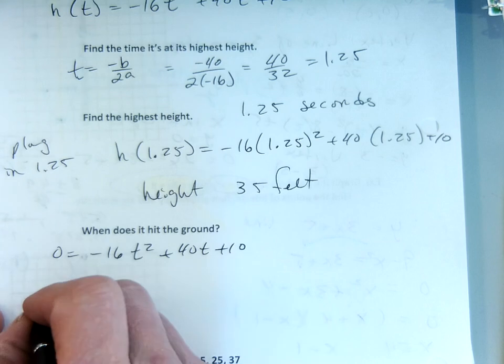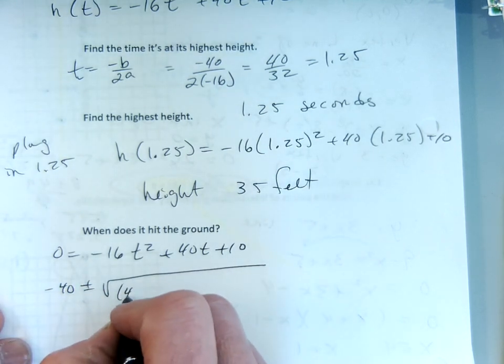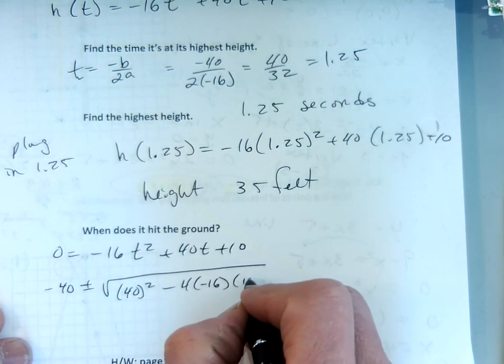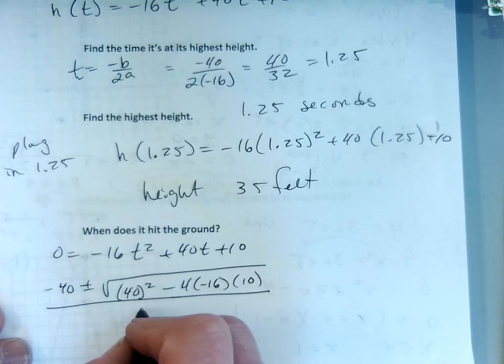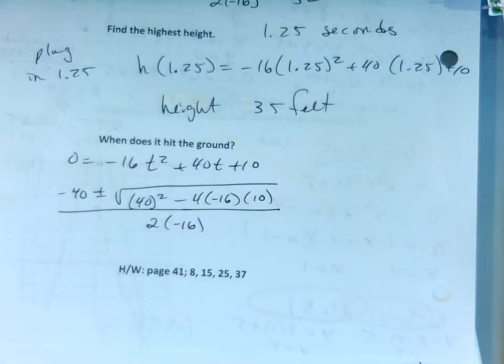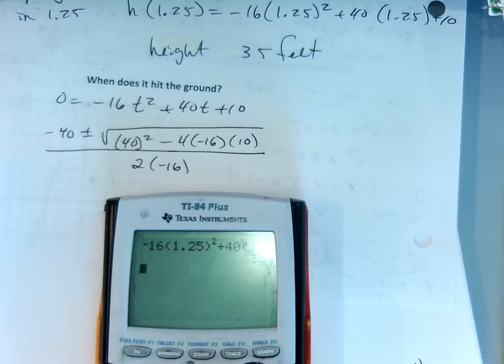So negative b plus or minus square root of b squared minus 4 times a times c all over 2 times a. Okay, now let's let the calculator do as much as it can, okay? So to speed things up, watch this.